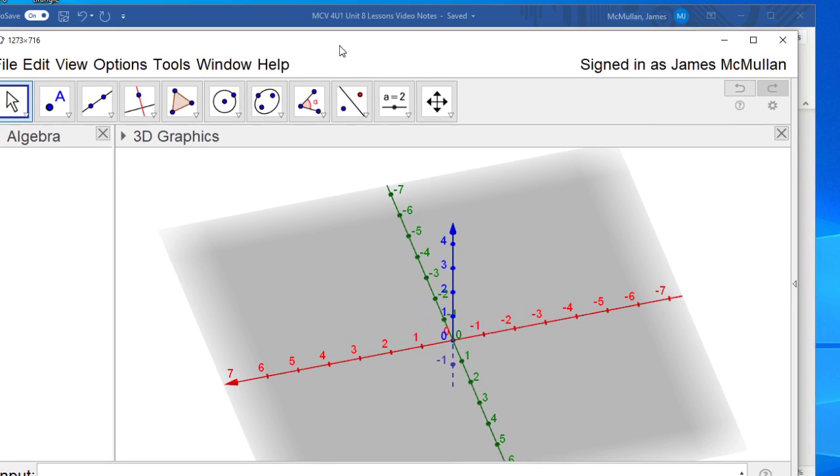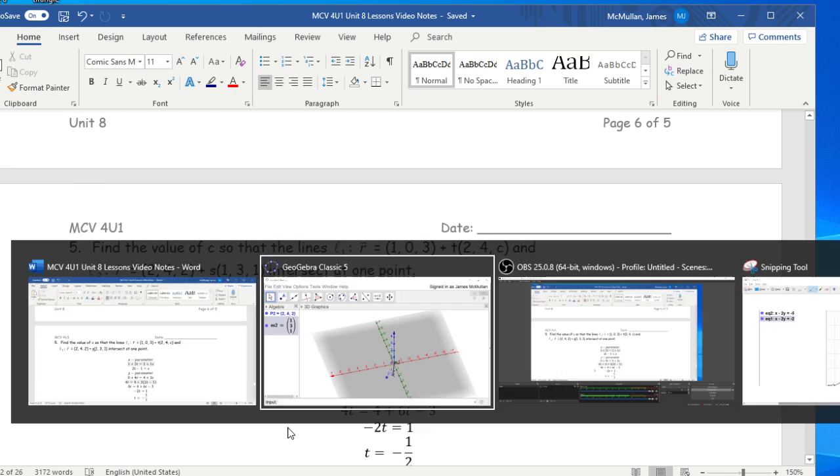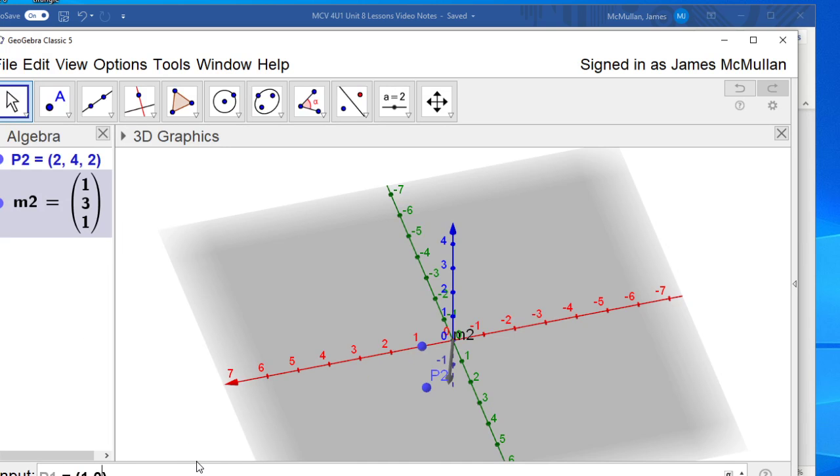So (2,4,2) and (1,3,1). So P2 is (2,4,2), M2 is (1,3,1). The first one was (1,0,3), so P1 is (1,0,3), and M1 was (2,4,c), and we said it had to be 6. That was the value that we said it should be for c.